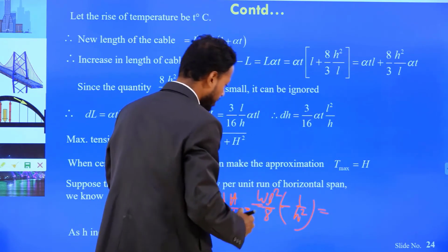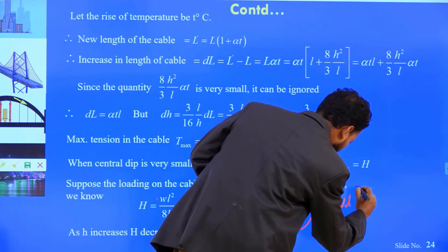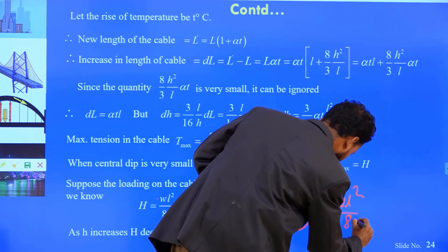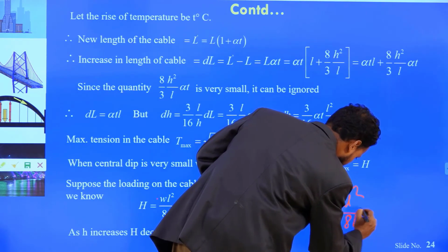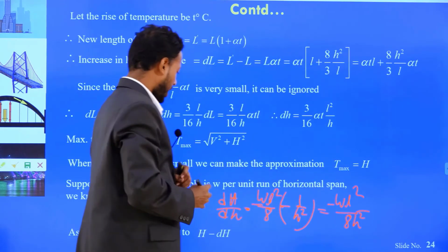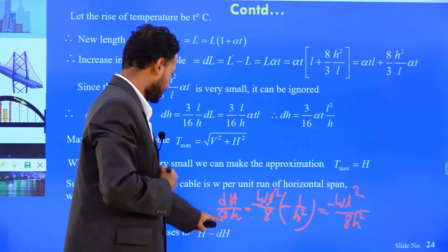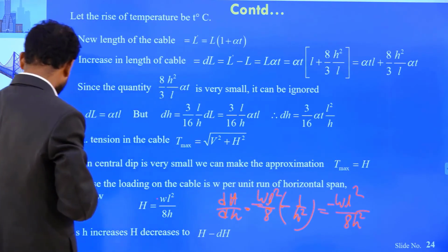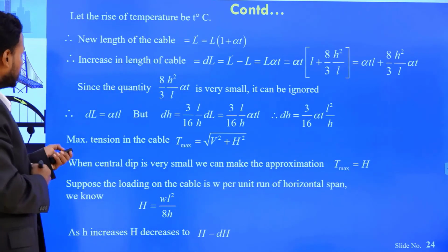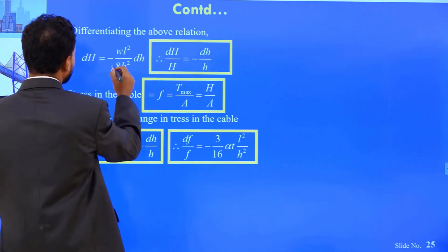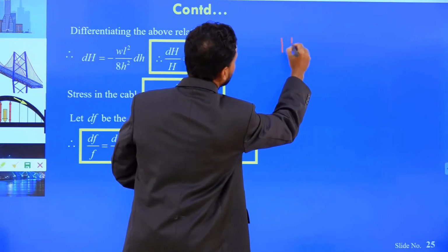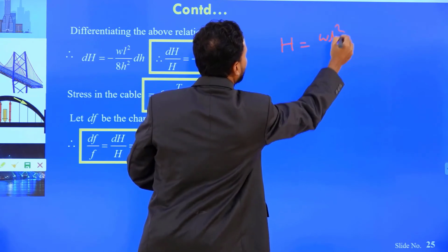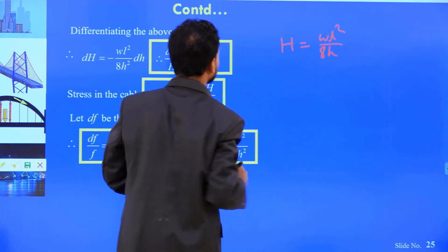So eventually I get dH by dh equals minus WL square by 8h square. Now see here, H equals WL square by 8h.